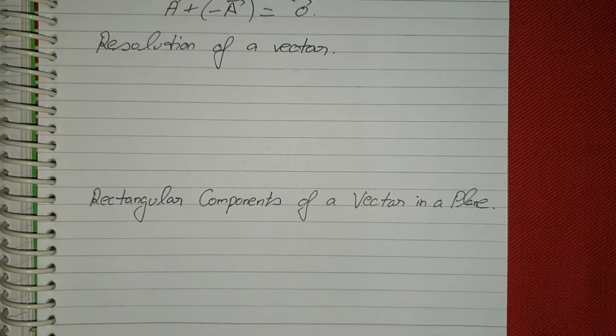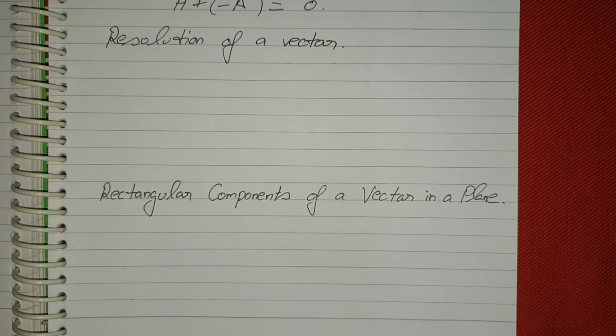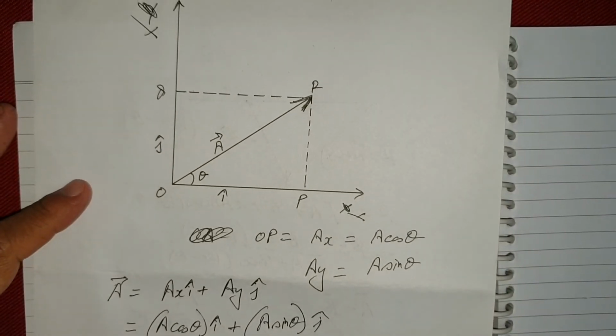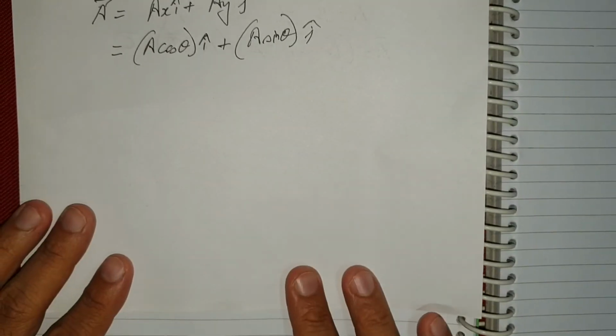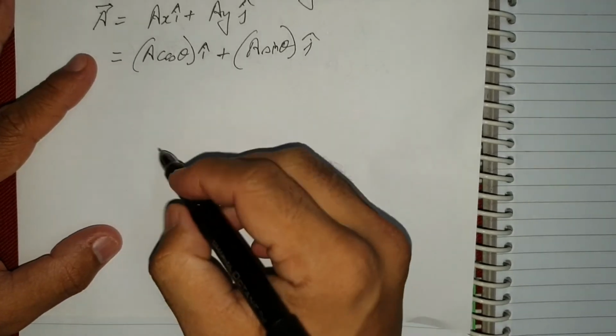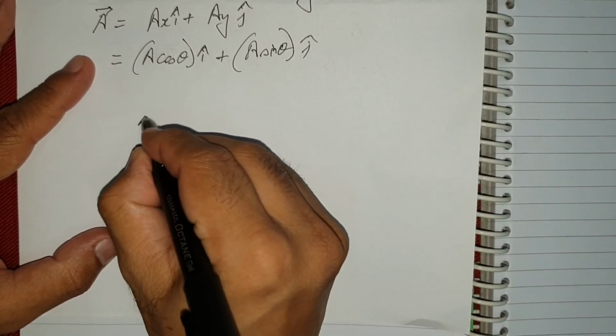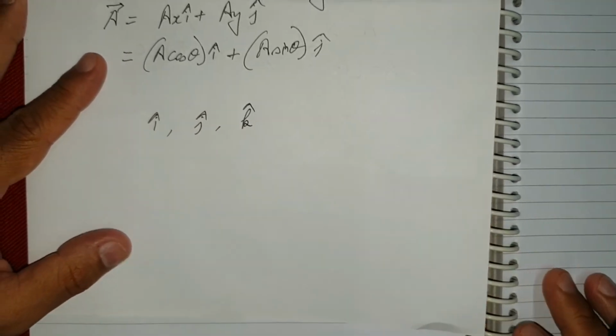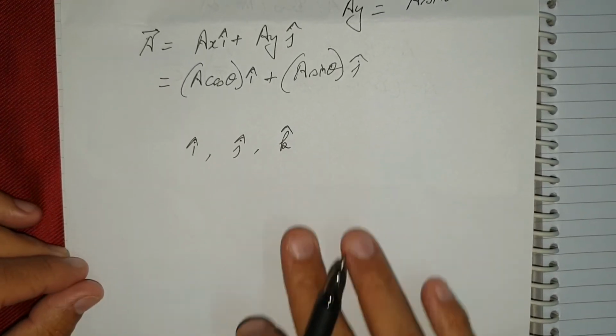Okay. Now extending it to the three-dimensional plane. Here we have i, j and k, which are the unit vectors along the x-axis, y-axis and z-axis.